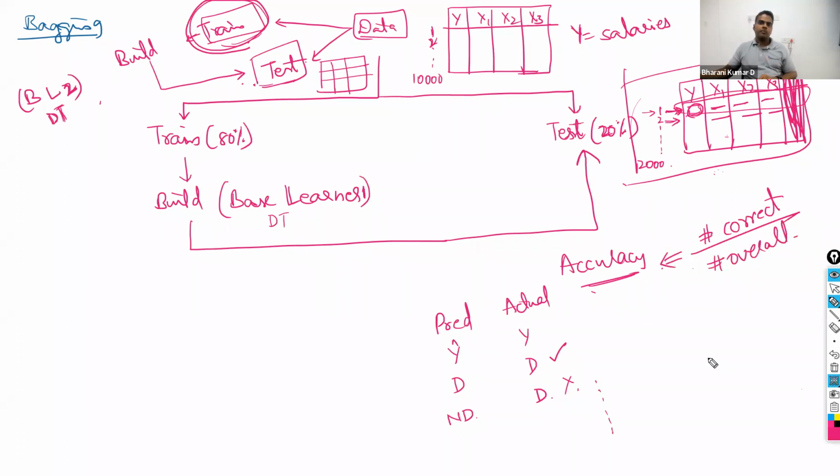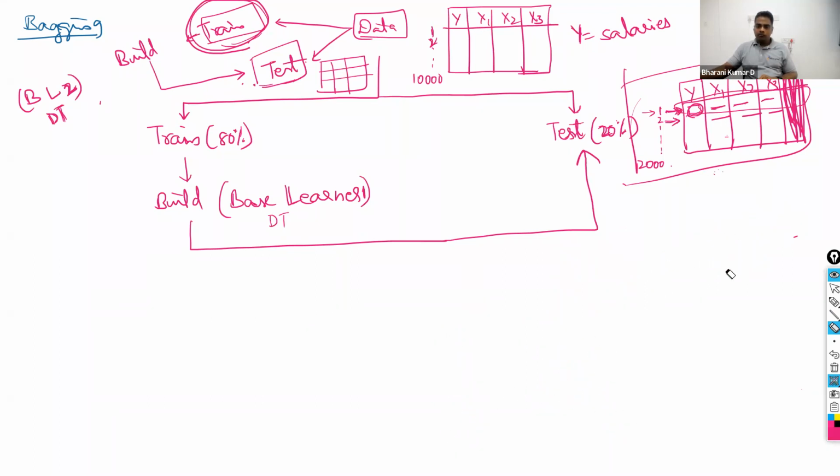Accuracy. Okay. I get the overall accuracy now. Agree or disagree, friends? So I get accuracy for base learner 1. What is accuracy? Maybe 90%, whatever.